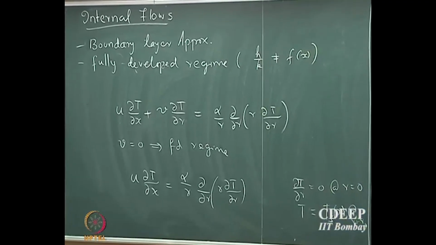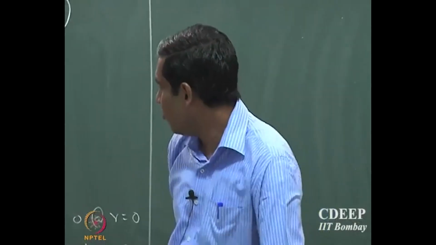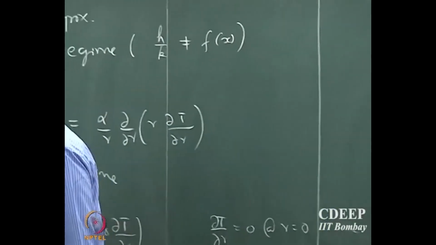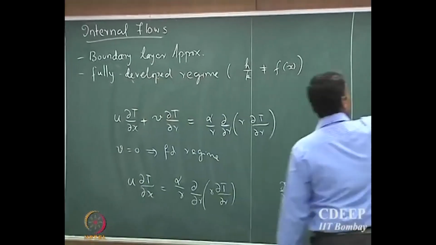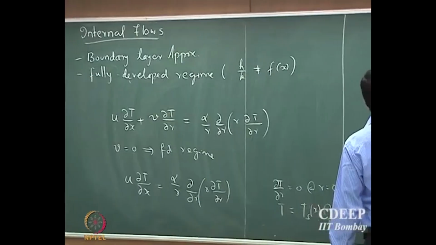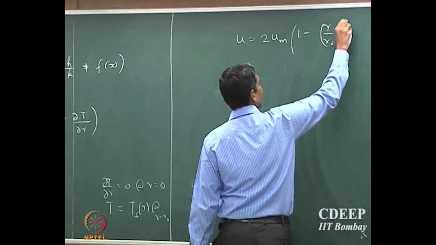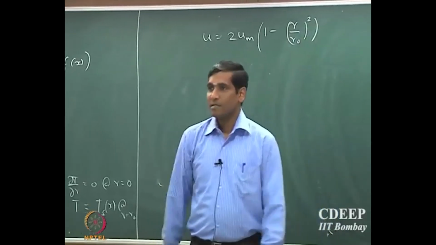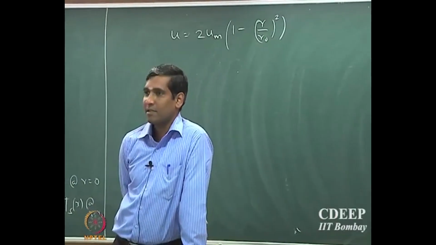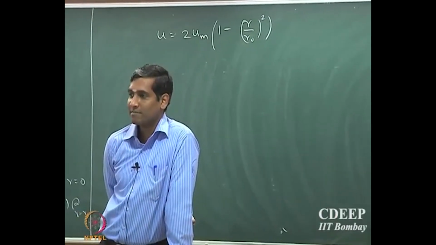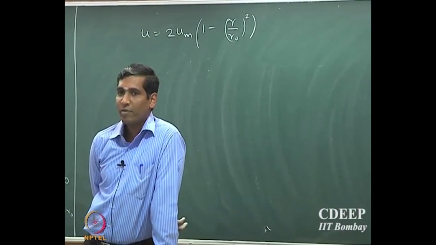How do we solve this? Note that u is now a function of the radial position: u is 2 um into (1 minus r by r naught) the whole square. So simple separation of variables will not work.